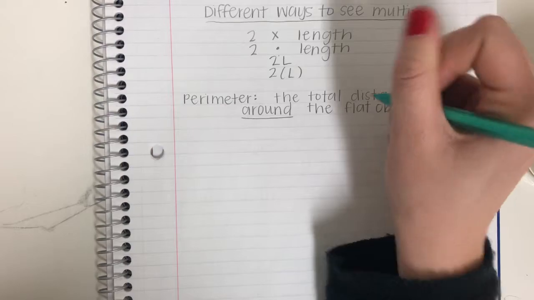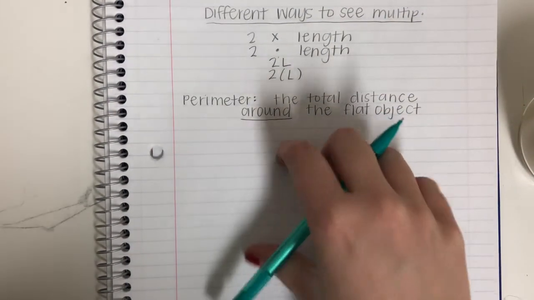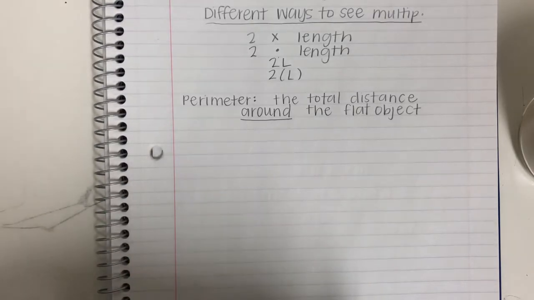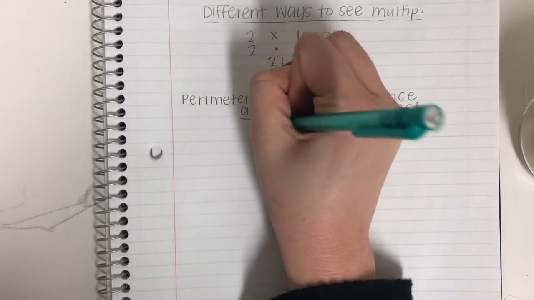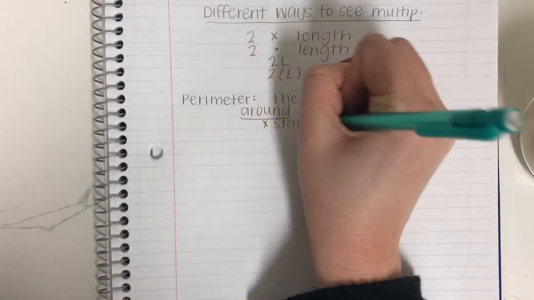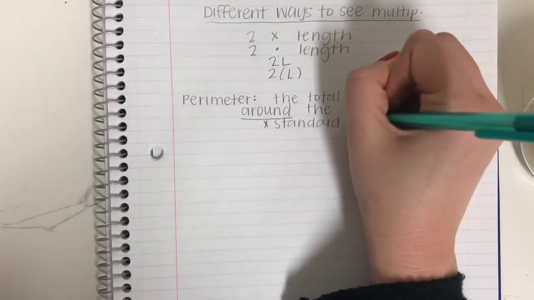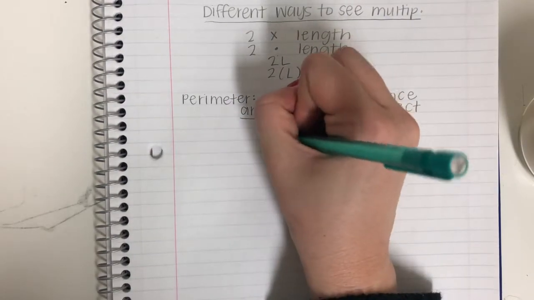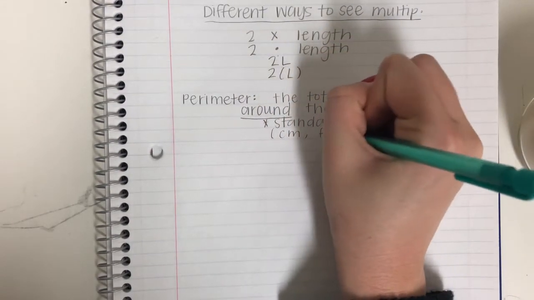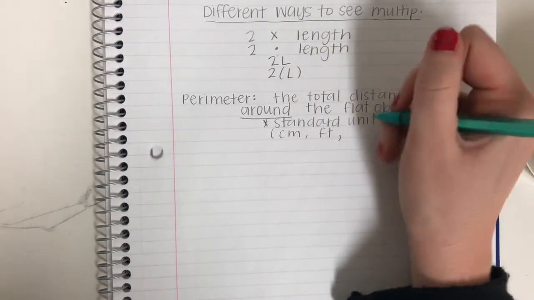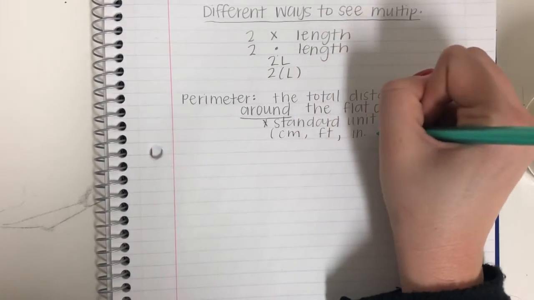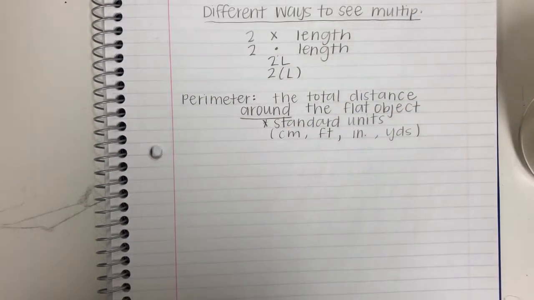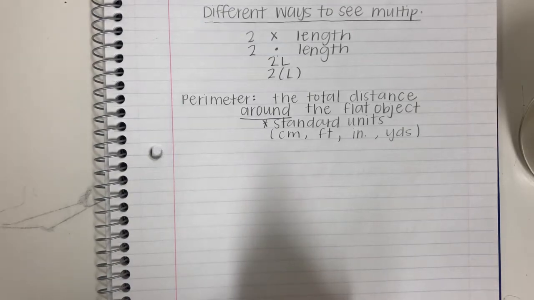So with area, we're working on what's on the inside, and now we're looking at what's on the outside. So these just use standard units. It's not squared, it's just standard. So you would just see like centimeters, feet, inches, yards, things like that. There's no square because you're just adding up all of the sides together.